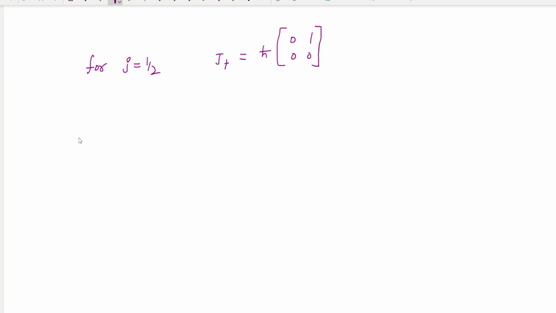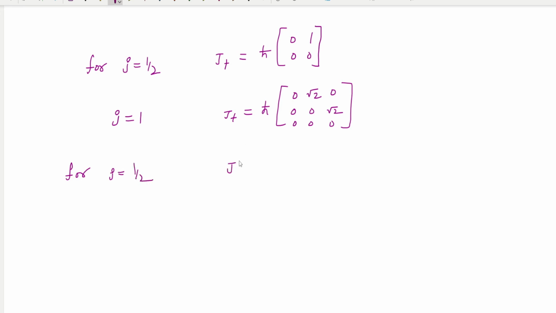Just try to use h cross. For j is equal to 1, we get j plus is equal to h cross times 0, root 2, 0; here 0, 0, and this one is root 2; the remaining are 0, 0. Next, for j is equal to 1 divided by 2, the j minus matrix.